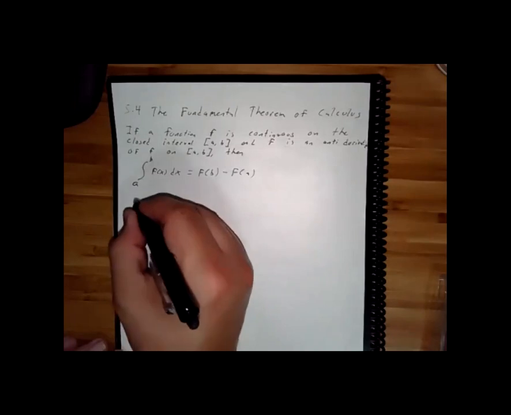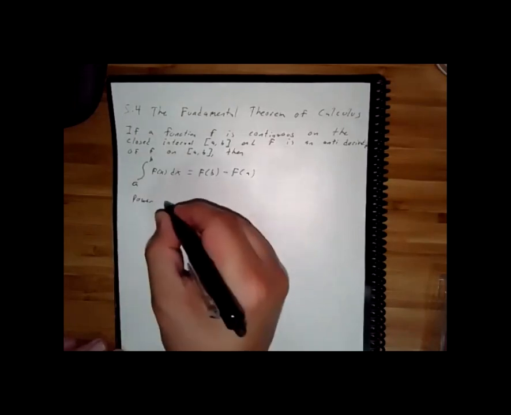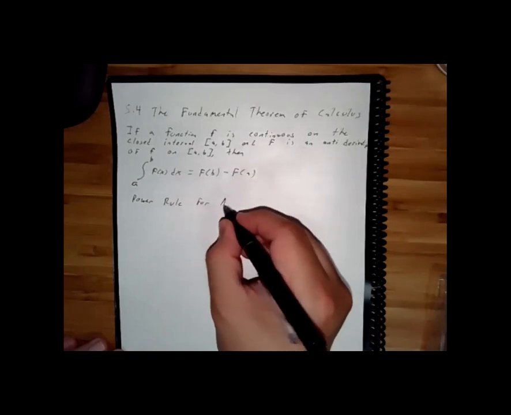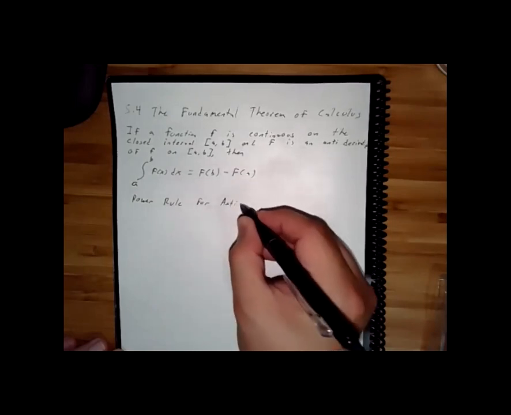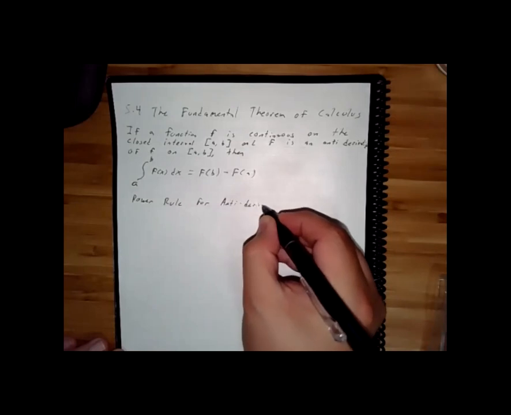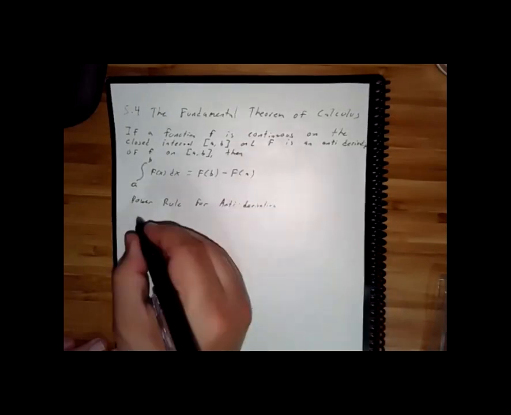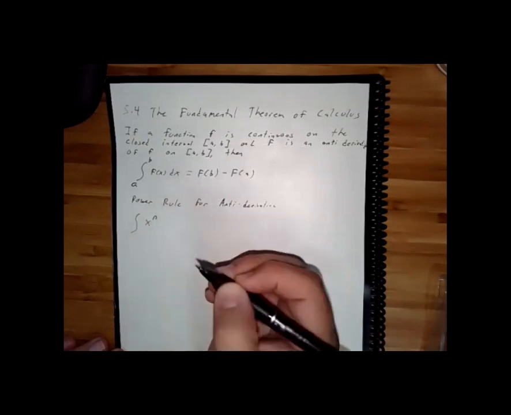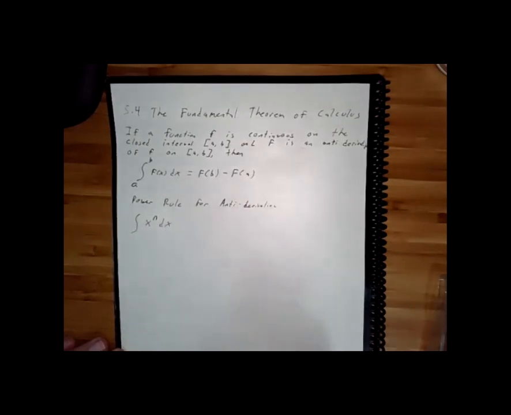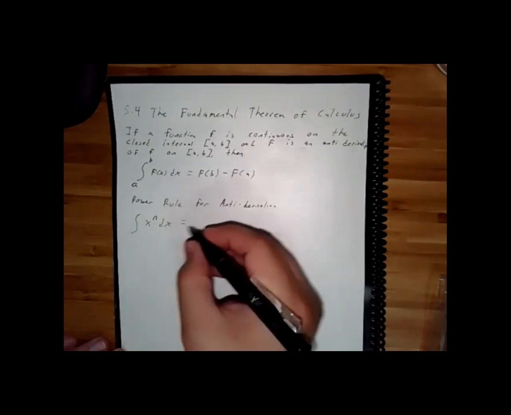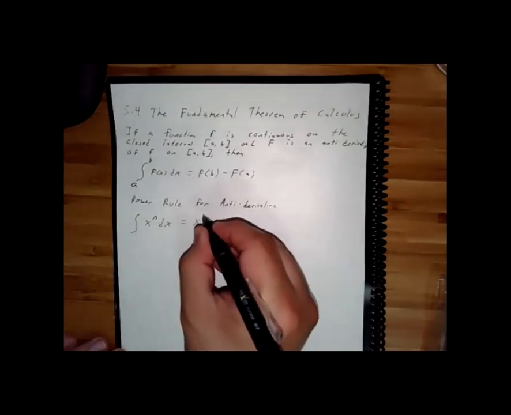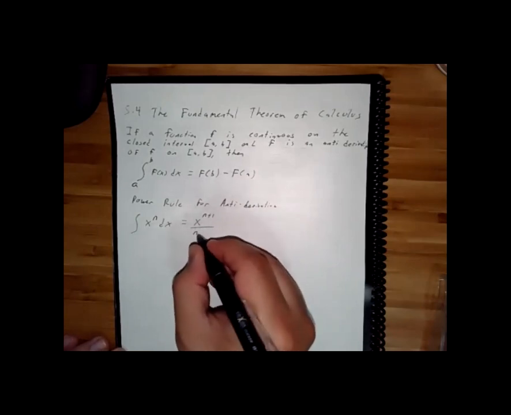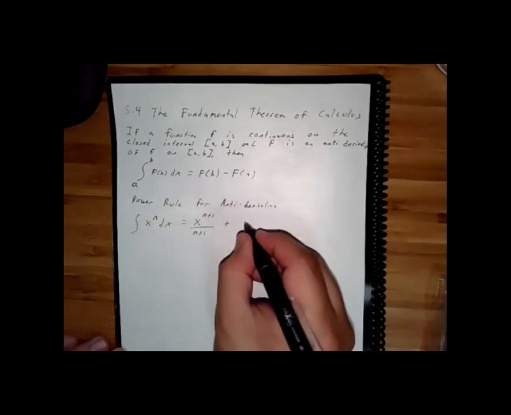So here's the power rule for antiderivatives. If you're integrating a power function, meaning it's some x to the n dx, the answer will be x to the n plus 1 over n plus 1, plus c.